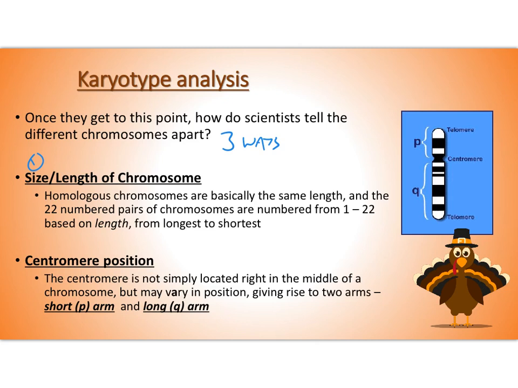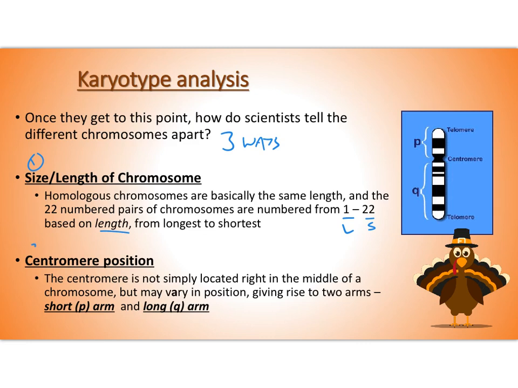The 22 numbered autosomes are numbered based on their length, with chromosome 1 being the longest and chromosome 22 being the shortest, give or take. When we look at these in a second, you'll see that some of the long ones are really close in size and some of the shorter ones are really close in size. But technically, we number them from 1 to 22 from longest to shortest.